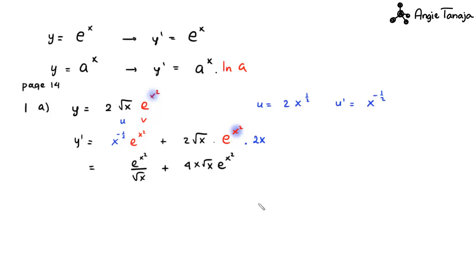So for 1b we have y equals e to the 2x minus 1 over e to the 2x plus 1. The same thing, this one is u over v. So what we do: our u prime will be e to the 2x times 2, right?